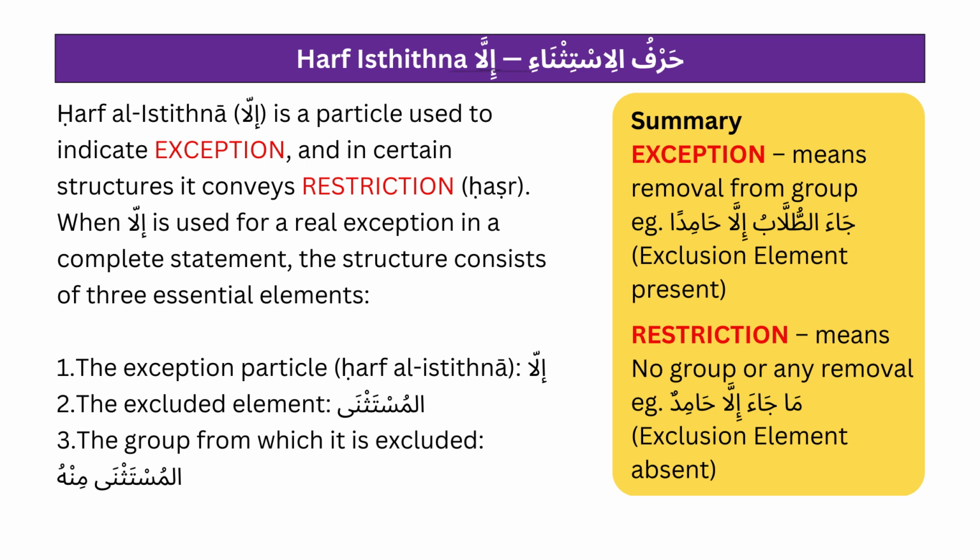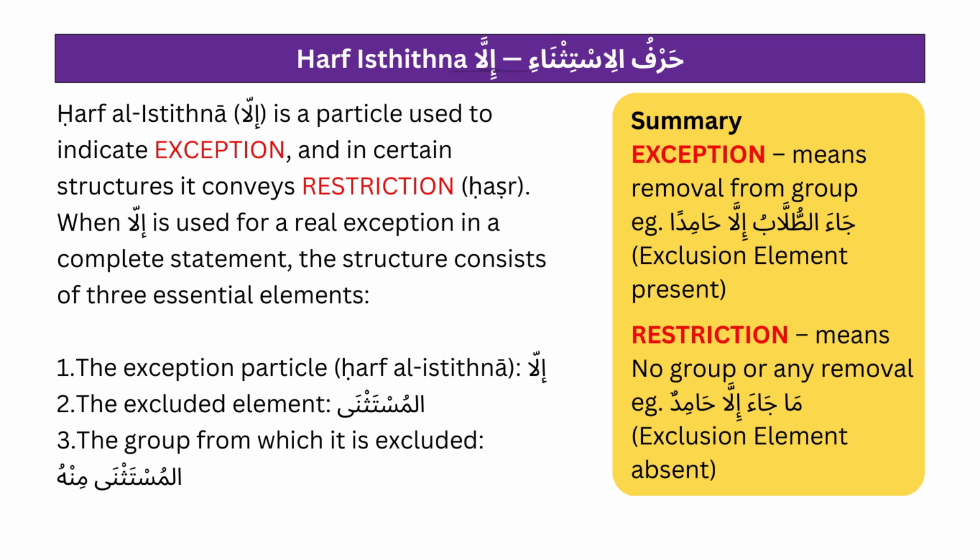This is the item that is being taken out. Third, the group from which it is excluded, in Arabic called al-mustathna minhu. This is the original group, and one member is removed from it. So a real exception has this picture. A group is mentioned, then illa appears, then one element is removed from that group.